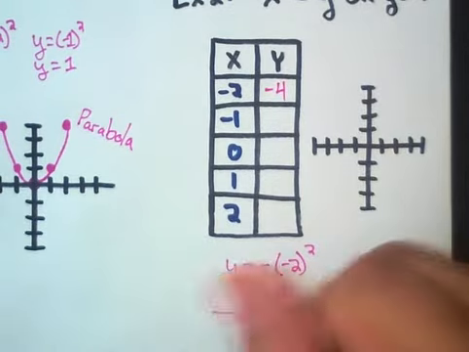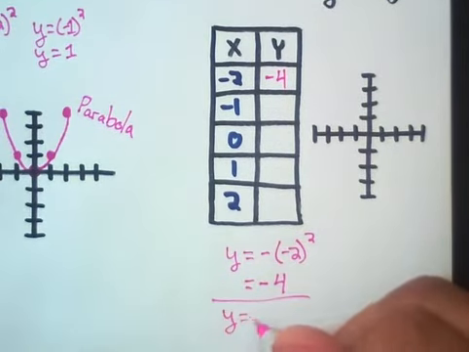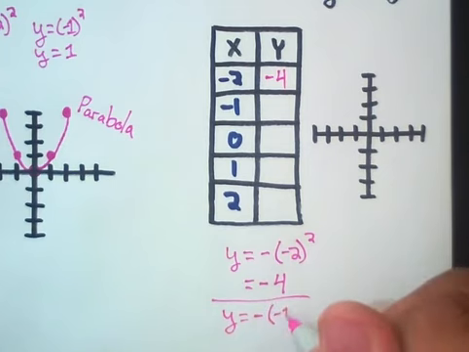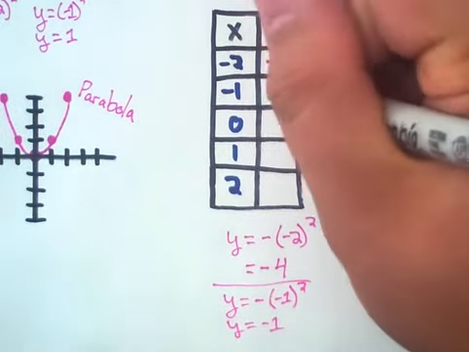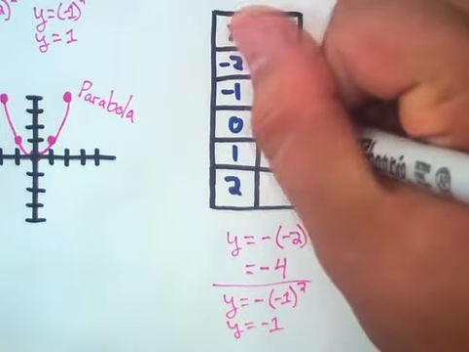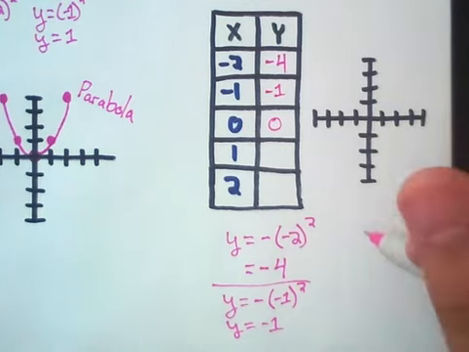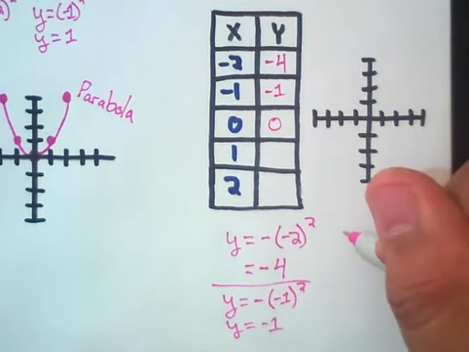Now we can do another point to plug in. So we're going to go ahead and do x equals -1. And when we clean that up, that just becomes -1. So we can plug that in. 0 is easy. Again, it'll just be 0 in this case. However, this is where some confusion might come up. Let's plug in x equals 1.